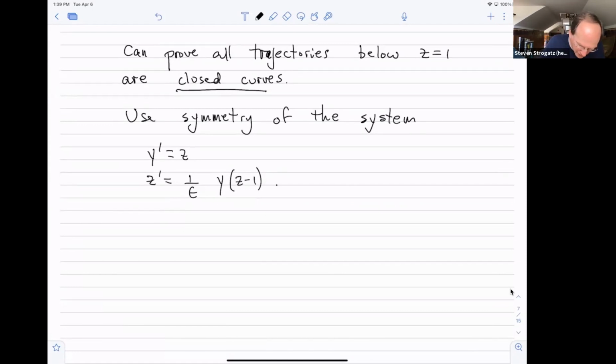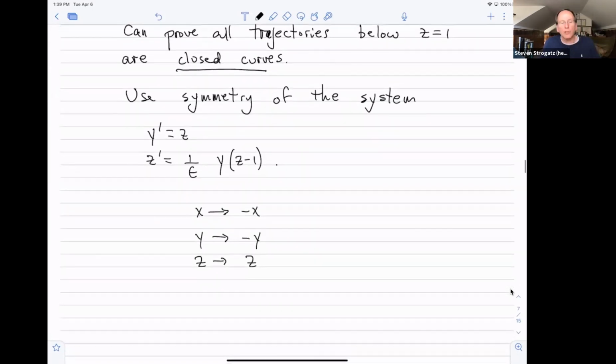If I switch x to minus x, y to minus y, and z stays the same. So if you take the interpretation of x as time, this is like time reversal, sort of like running the movie backwards, and thinking of y as going to negative y.